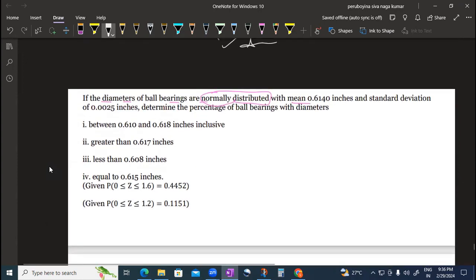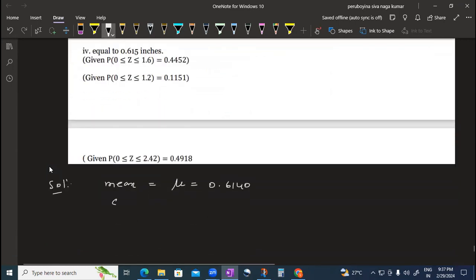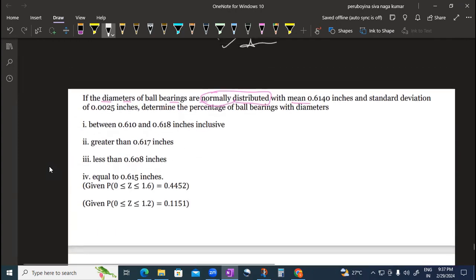Actually, that 0 we can avoid, 0.614 only. And standard deviation, SD is equal to sigma, 0.0025.